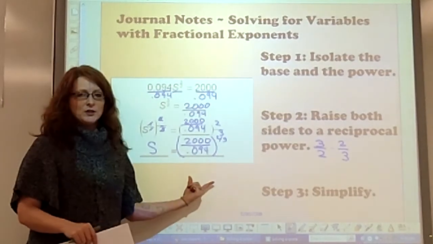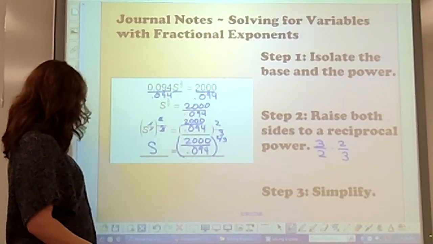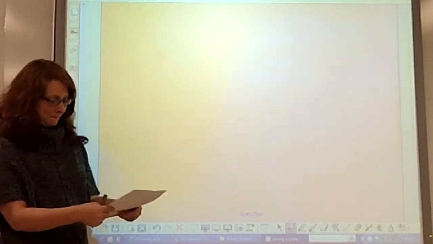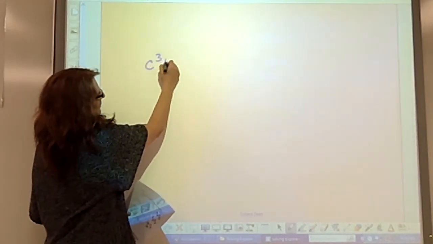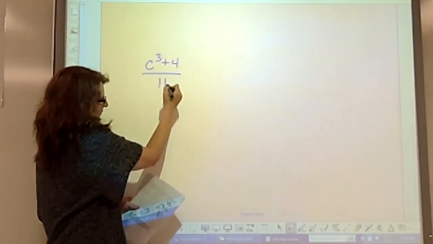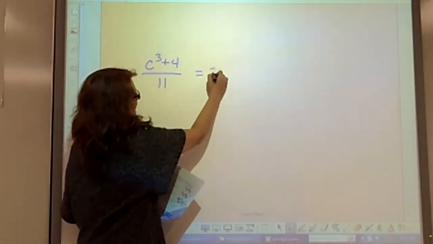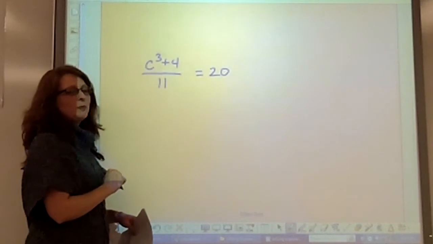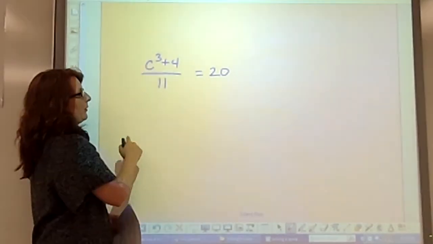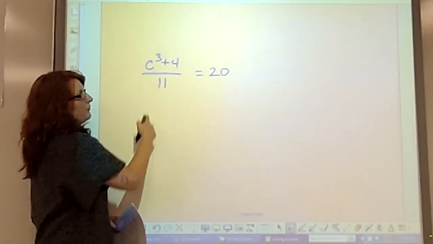I'm going to work through just a couple of the problems on Check Your Understanding for you, because these ones are a little different. So let's start here. Step 1 says get this by itself, c to the 3rd power. So the first thing I want to do is clear the fraction.